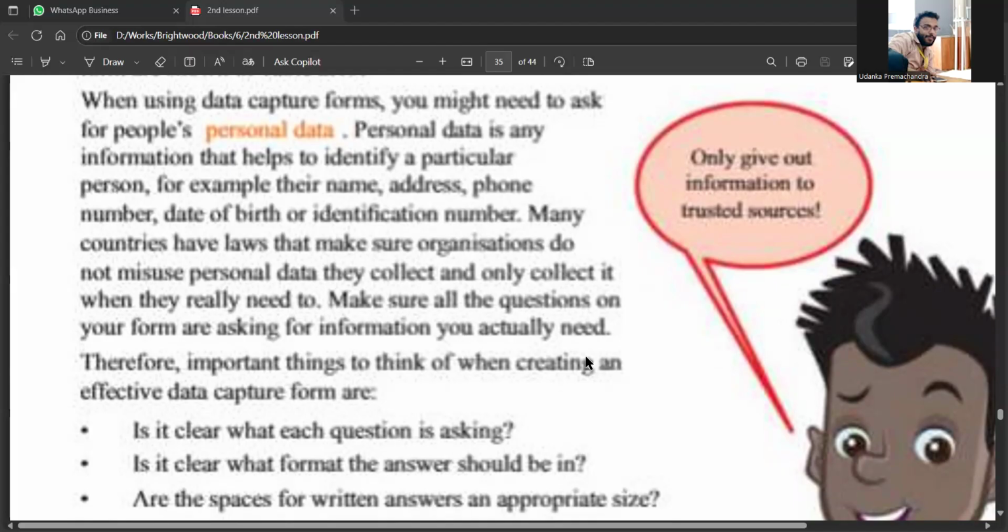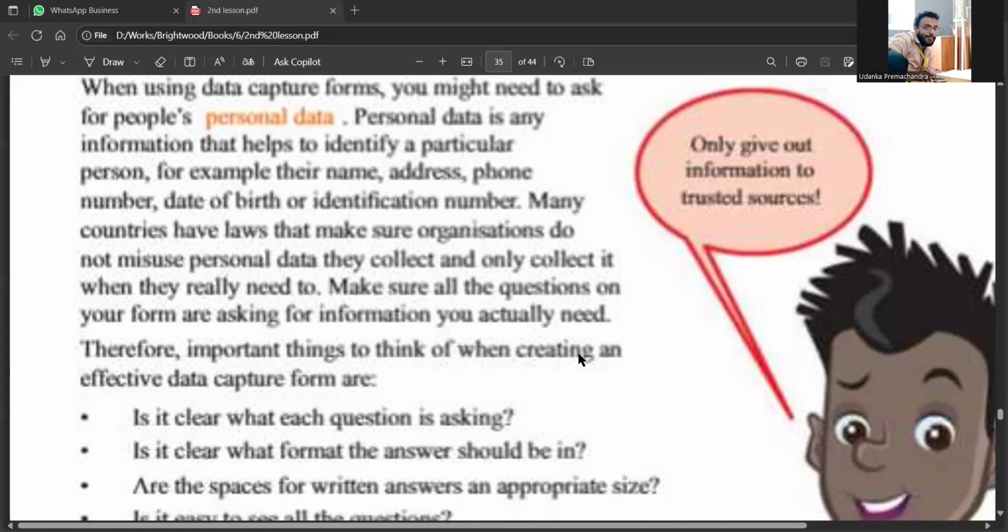Sometimes questions ask about sensitive data, like salary. If you don't need it, don't ask. You have to think about that.